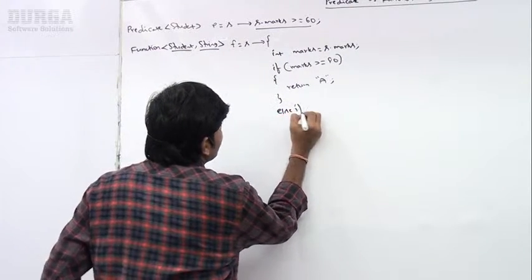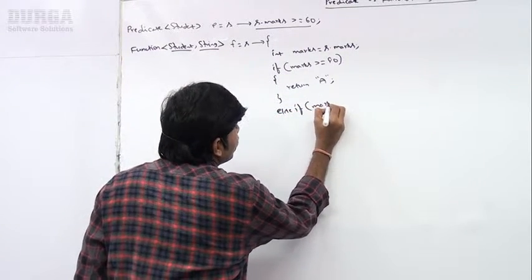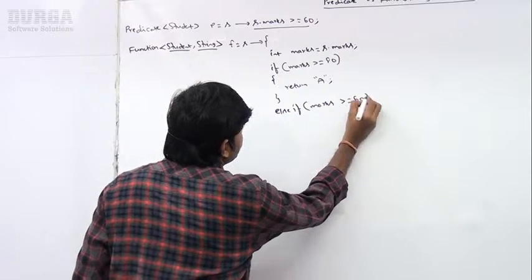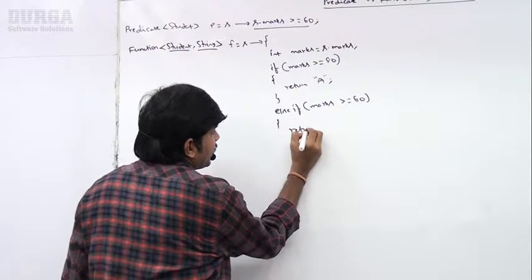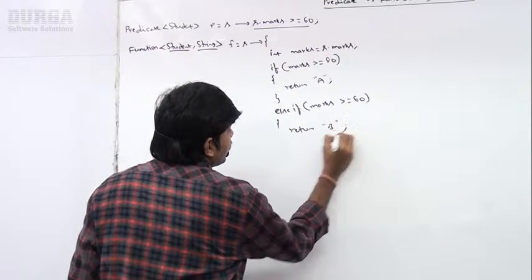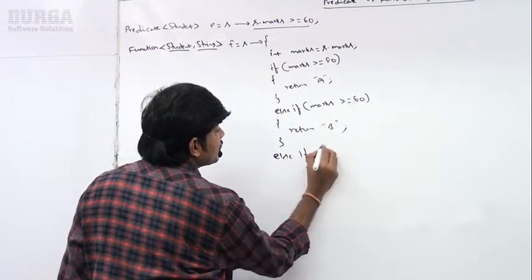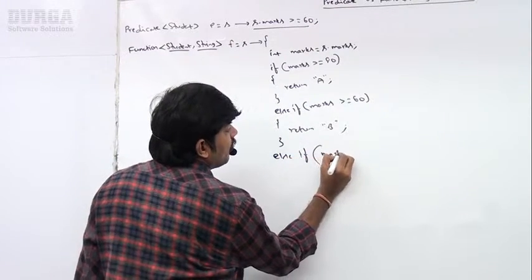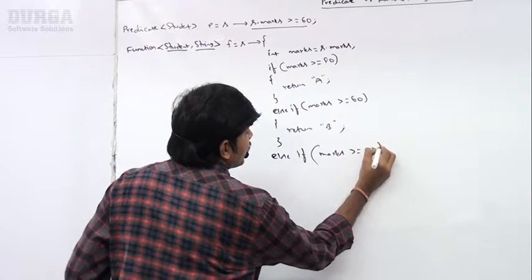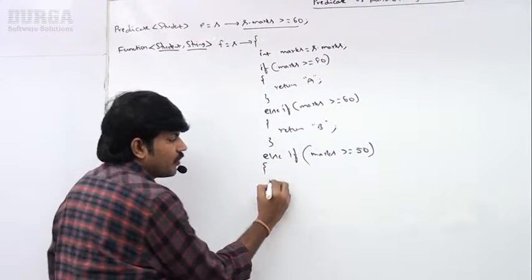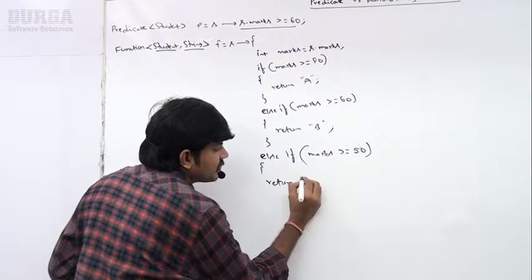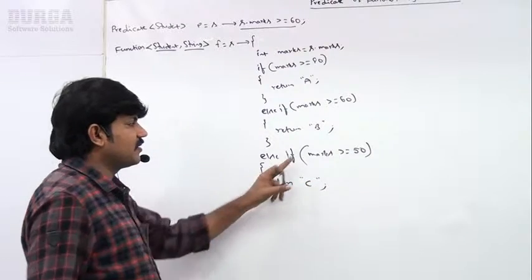Else if, sir, marks greater than or equal to 60, return B grade. Next, else if marks are greater than or equal to 50, return C grade, something like second class.